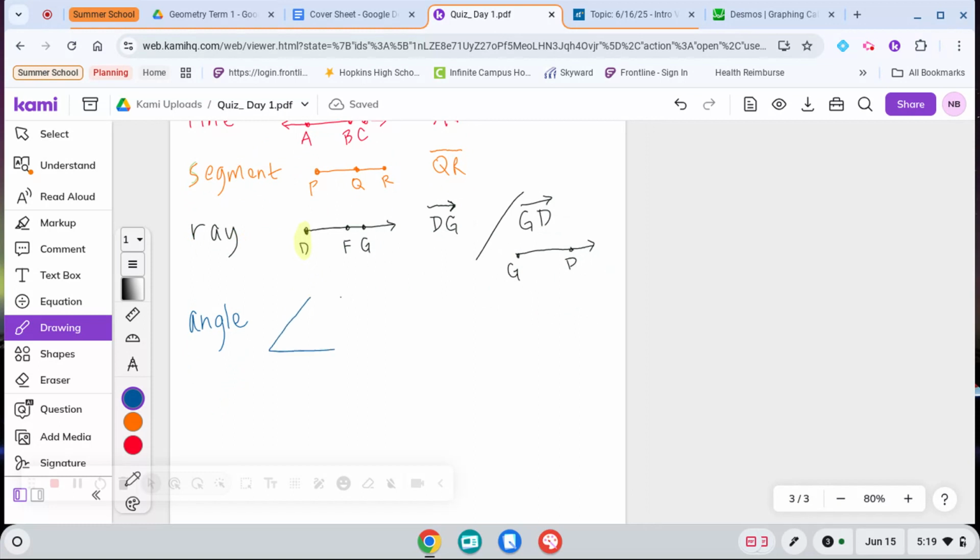So if we have this, P, T, Z, I don't know, I'm just picking random letters. There's a couple ways that we could name this angle. The angle that's formed is right here. So one thing we could call this is angle T.